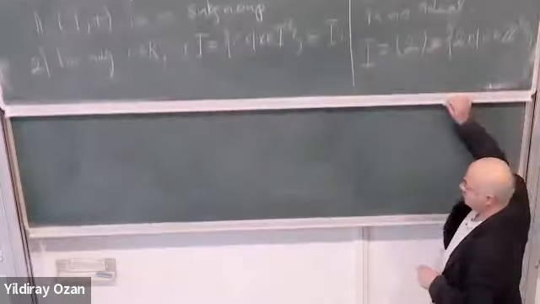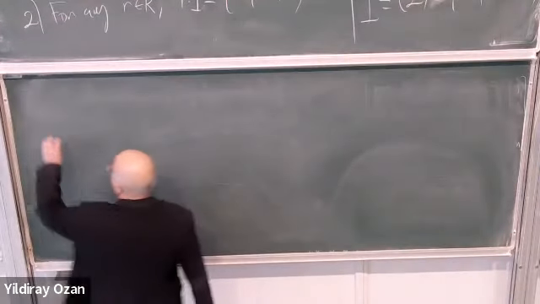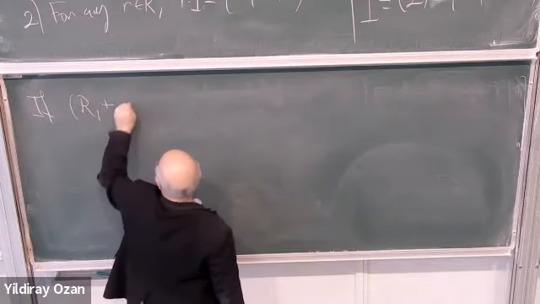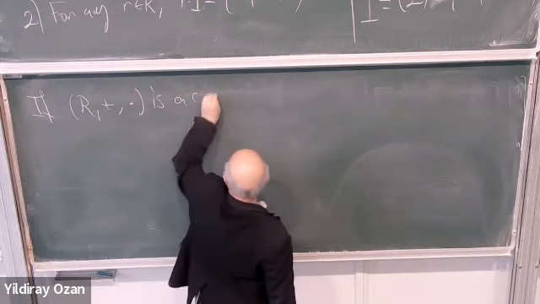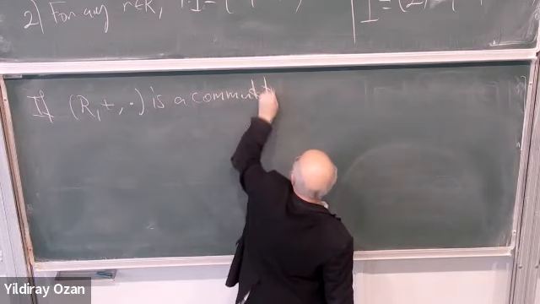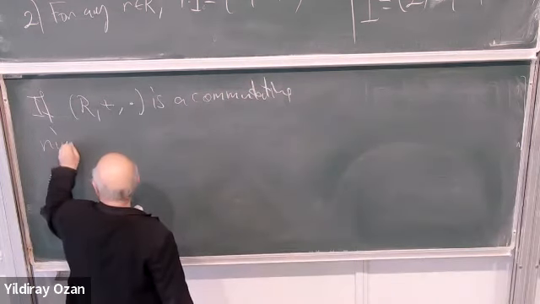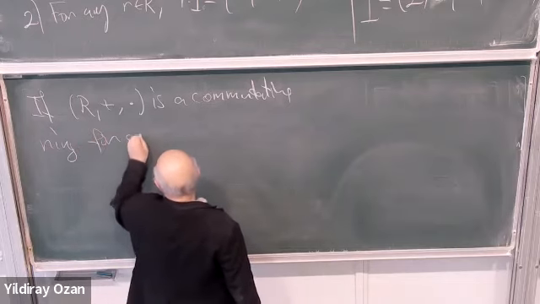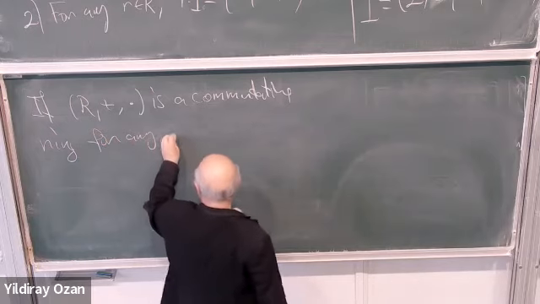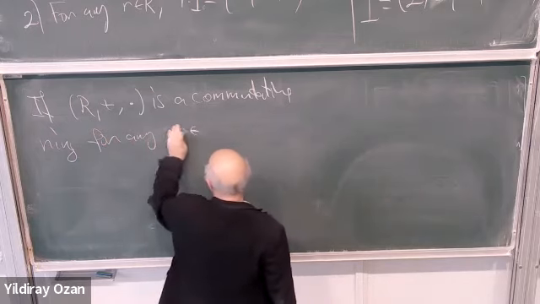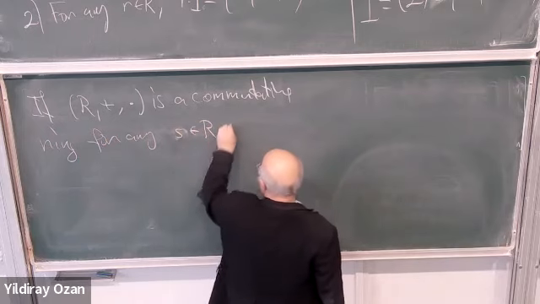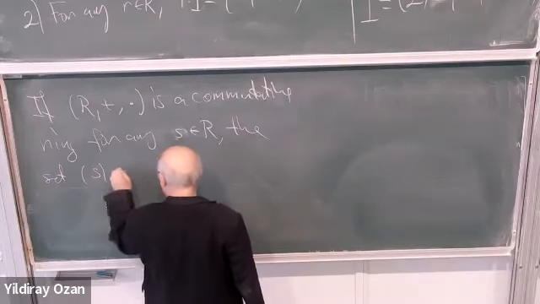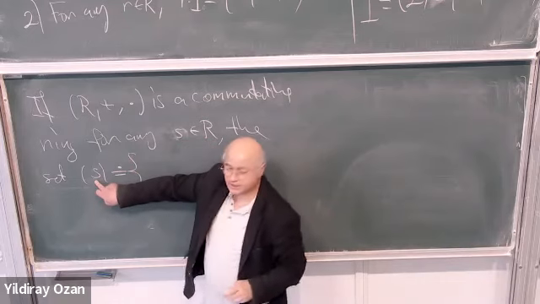Okay, so let me write it here. If R is a commutative ring, for any, let's say S, the set... I'm writing what this is.